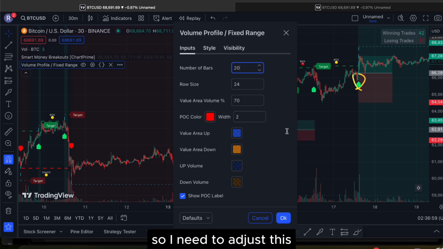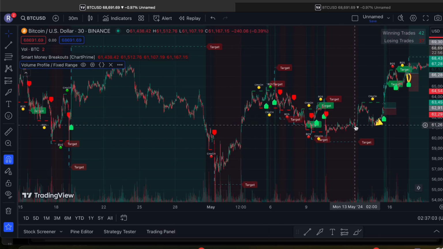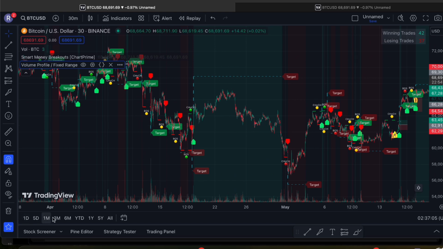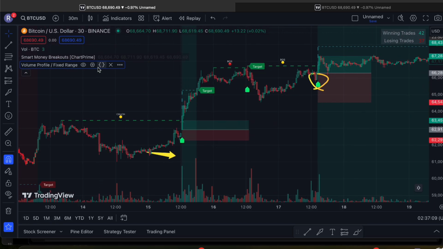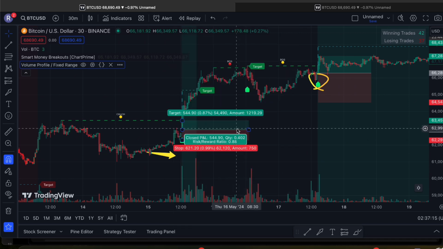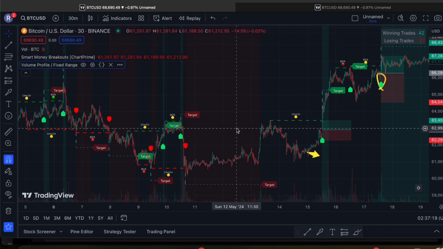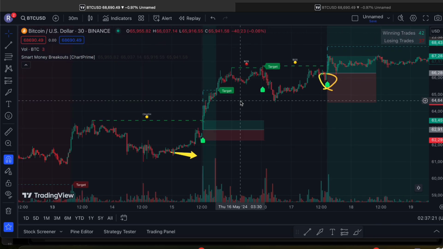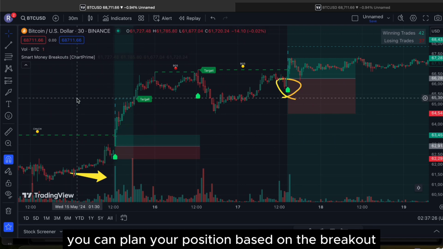So I need to adjust this. So you can plan your position based on the breakout.